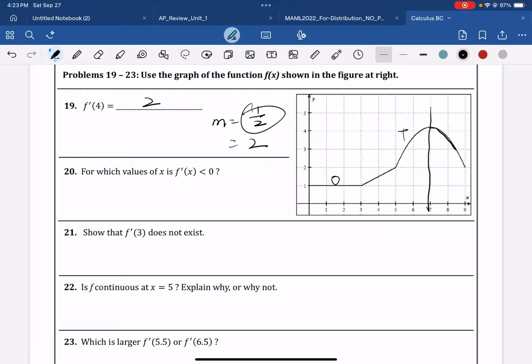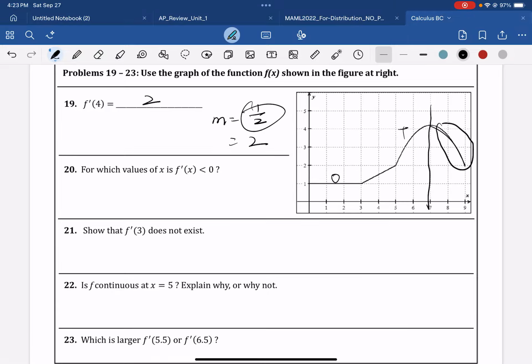But for this part, when x is greater than 7, it goes down, which means we can draw a tangent line at each point, and we see each tangent line is basically negative. So the derivative after x greater than 7 is negative, which means when x is greater than 7, f prime of x is smaller than 0.